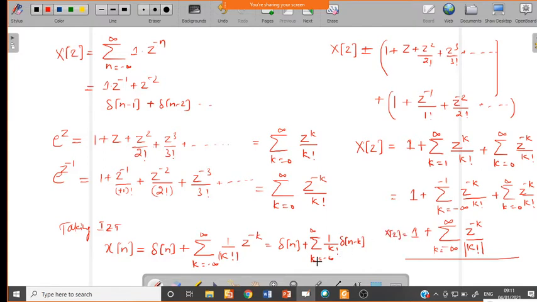If you put k equal to 1, you will get 1 by 1 factorial del of n minus 1, del of n minus 2, like that. Now this is your time domain signal, and if you take the z transform again, you will get back the same thing. So this is your x of n for the x of z, which is equal to e power z plus e power 1 over z. So understood? Any doubt in this?